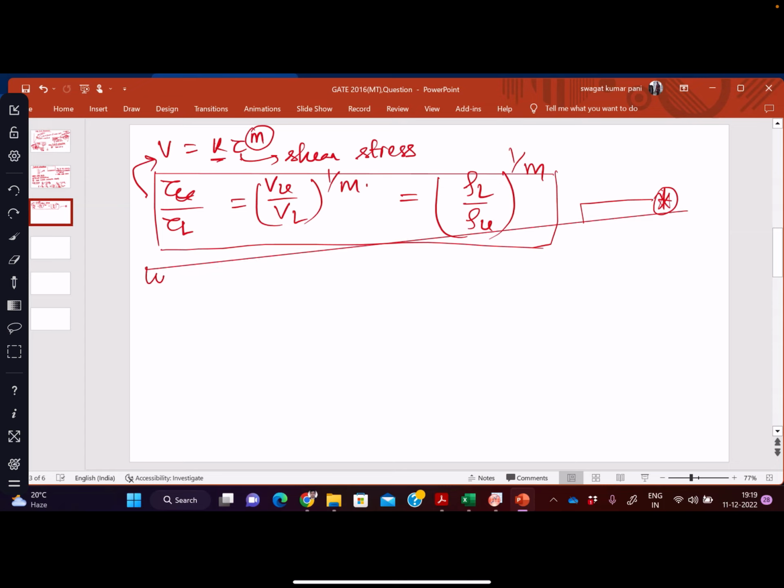Now what are Luder's bands? So suppose we have a tensile specimen like this. They start forming after we reach the lower yield point.